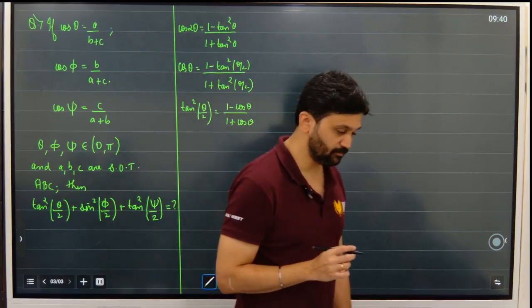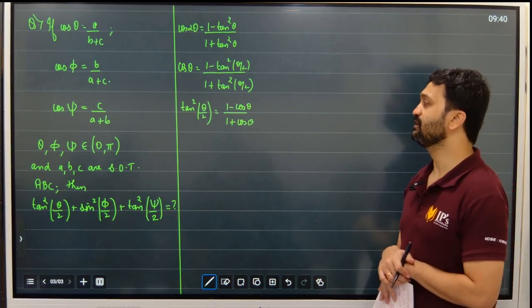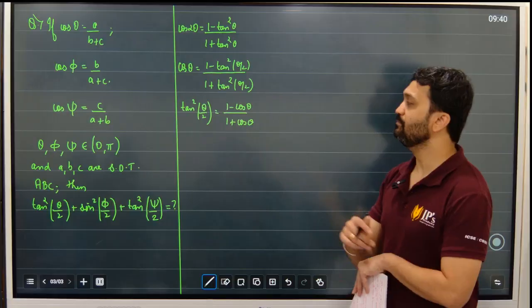Because if you put the formula, 1 minus cos theta is 2 sin square theta by 2, 1 plus cos theta is 2 cos square theta by 2, and that will become tan square theta by 2.